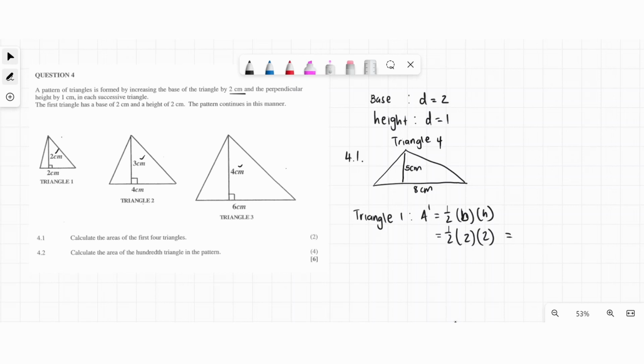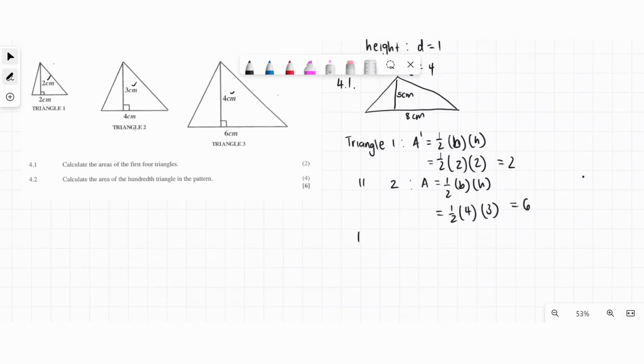So therefore your answer here is going to be what? It's going to be 2. So for the second triangle, area is equals to the same thing. So this is going to be a half of what? Base of 4, but a height of 3. And there you're going to get 6.